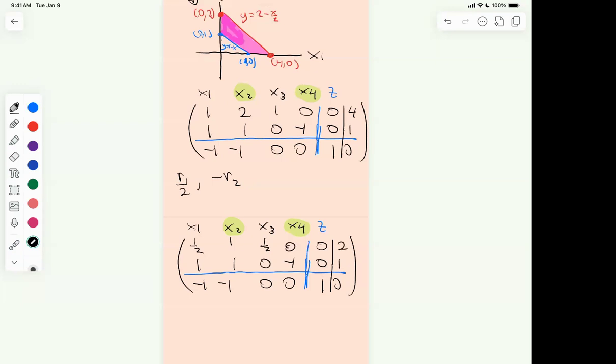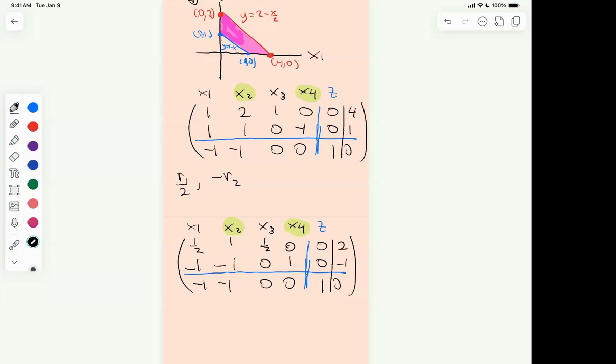Then I'm multiplying every element in the second row by -1, so negative, negative becomes plus, so this becomes +1, and then -1. Is that okay? That's fine.